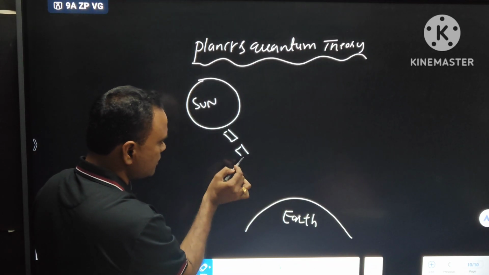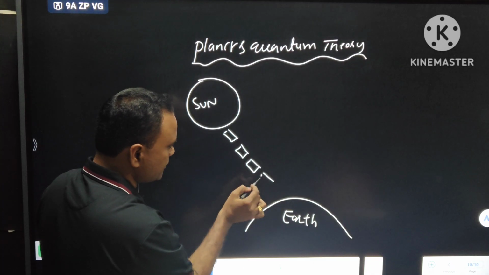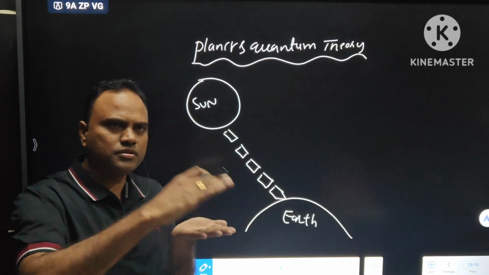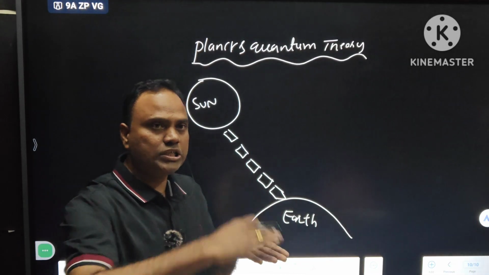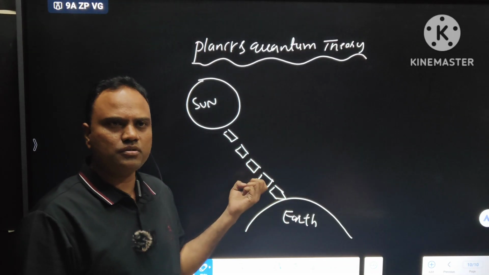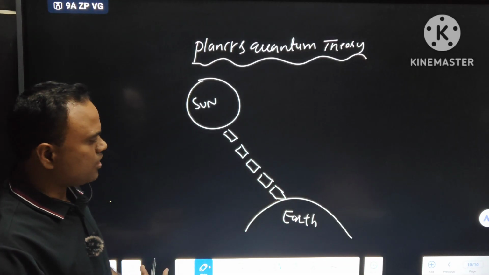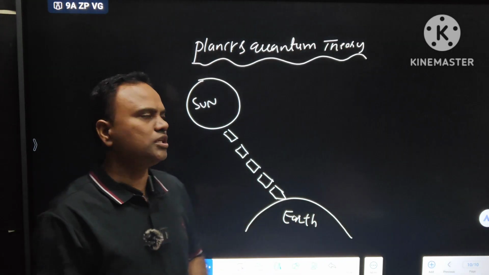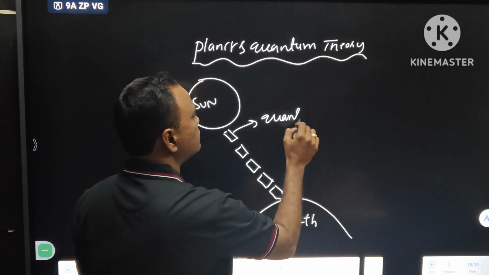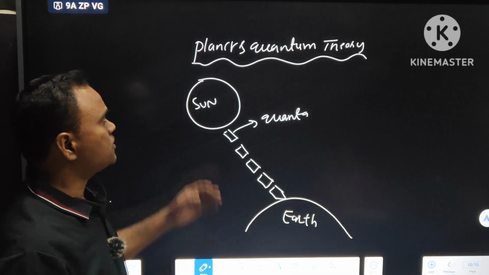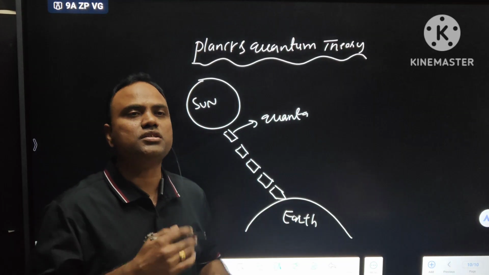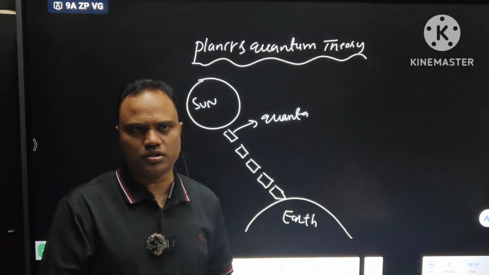Radiation or light, any light or electromagnetic radiation, travels discontinuously like this, not in a continuous fashion. Light or radiation travels discontinuously in the form of small energy packets, which are called quanta. According to Max Planck, it travels discontinuously, not continuously.